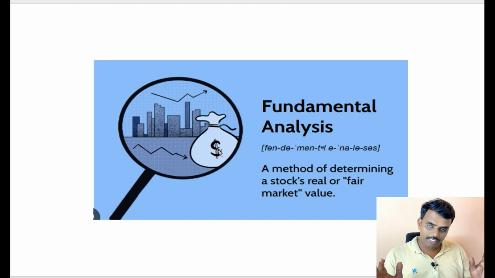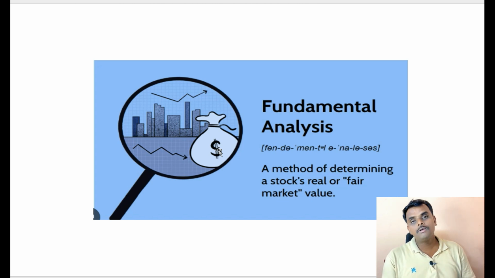So the fundamental analysis is basically what? Finding out the intrinsic value of the securities or shares or company. In what way are you going to study the intrinsic value? Through the financial statements of the company. That I am going to talk about a little later.